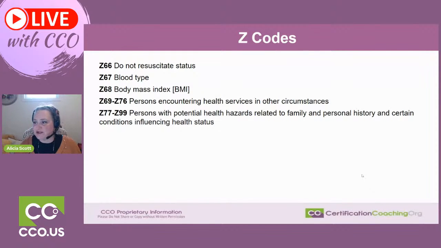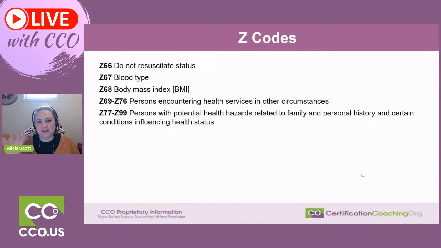Jane makes a good point. She says, you use this Z68 code with the E66 together if the body fat percentage is recorded. Correct. Now, just a little caveat to that, keep in mind, you cannot code for risk adjustment, especially, but you have to have the E66.01 morbid obesity or the obesity code for the Z68 code to count, right?